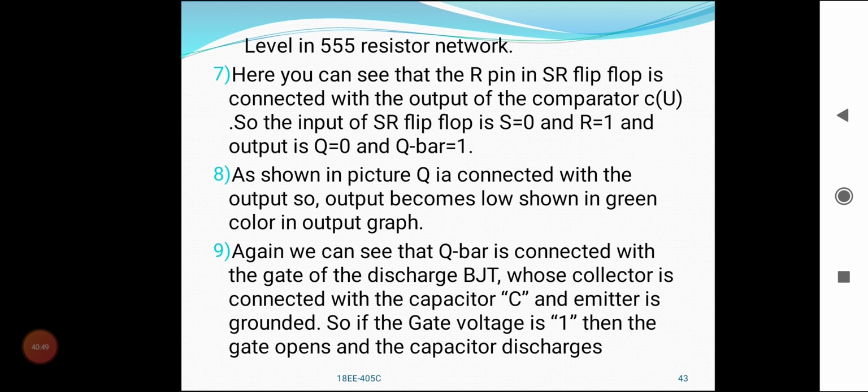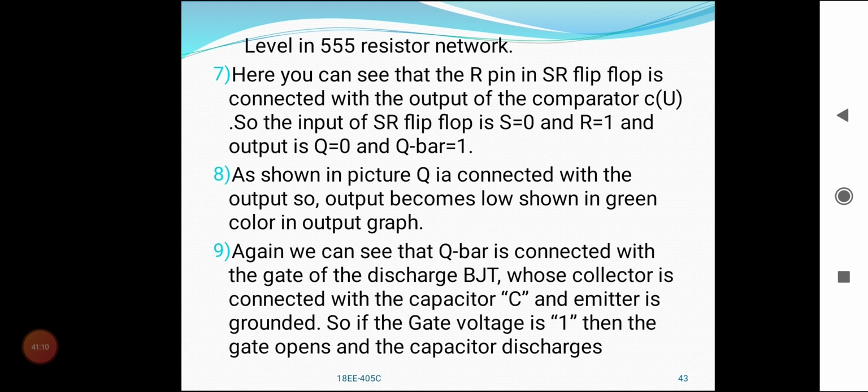Here we can see that the R pin in the SR flip-flop is connected with the output of the comparator CU. So the input to the SR flip-flop is S equal to 0 and R equal to 1, and the output is Q equal to 0.